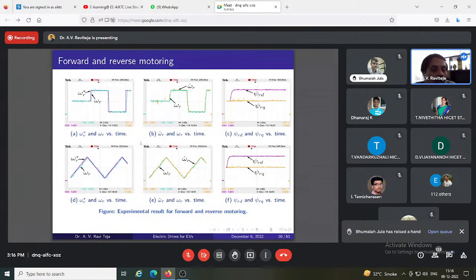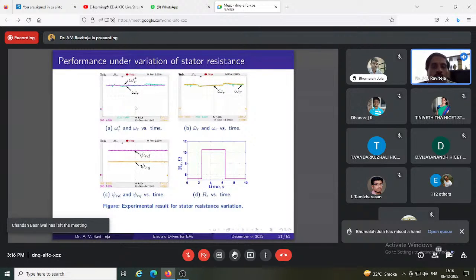So the hardware result is similar in this case also when we estimate the speed using the modified QMRAS. And then we also varied the stator resistance by externally connecting a gang rheostat and changing it. Even though we change the stator resistance, there is a small jerk, but it is restored back to the same reference speed, thereby confirming that the proposed algorithm is independent of stator resistance variation.